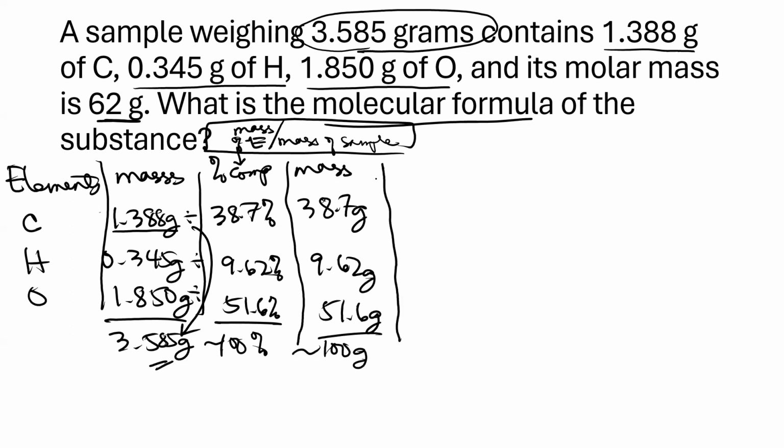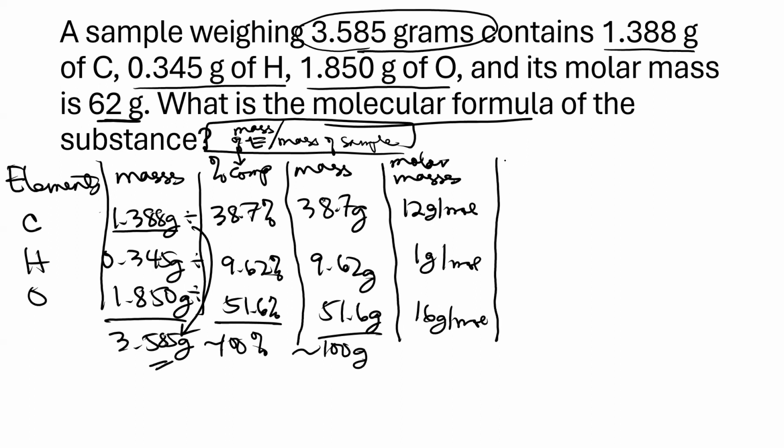Then we do the drill like before, converting this to moles. So we divide that by the molar masses of the elements. The molar mass of carbon is 12 grams per mole, hydrogen is 1 gram per mole, and oxygen is 16 grams per mole.